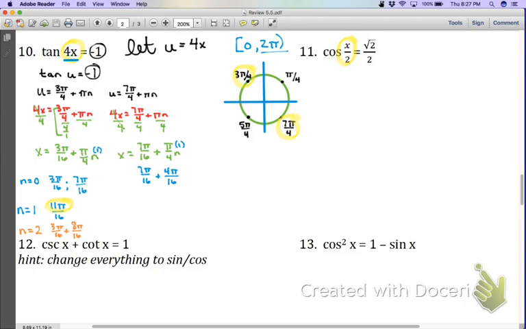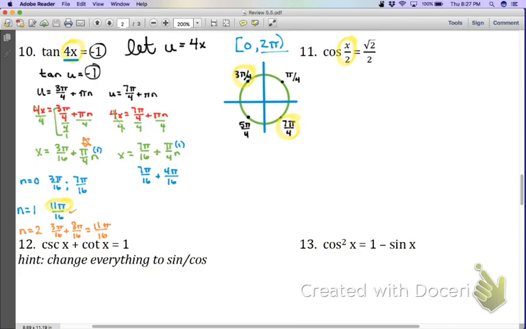With this one, I really can stop using this value because it's the previous one that I just got. That's still 11 pi over 16, which I already have, so no need to rewrite it again.